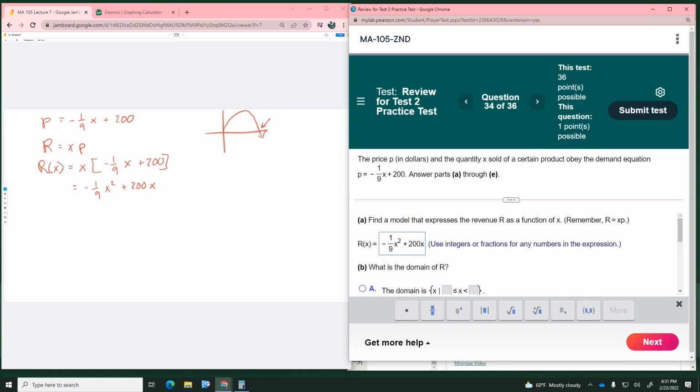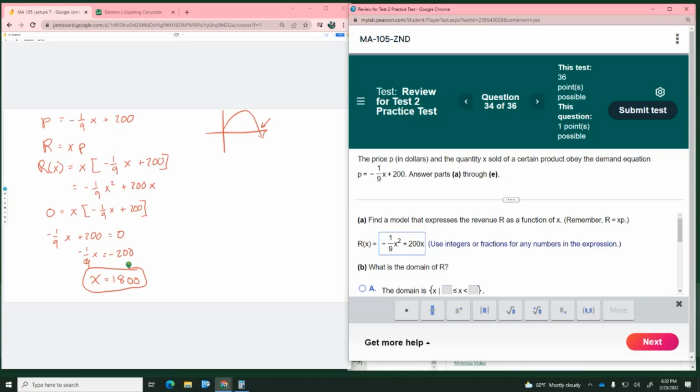All I need to do is figure out where that is. This is obviously an X-intercept, so I can say 0 equals, and I can factor X out. You end up with X times (-1/9 X plus 200). If I set that second part equal to 0, -1/9 X plus 200 equal to 0, I end up with -1/9 X equals -200. And if I multiply by -9 on both sides, I get 1800 is equal to X.